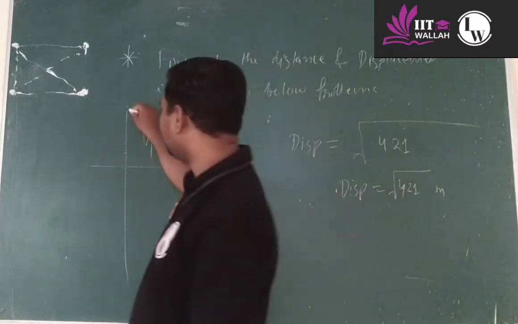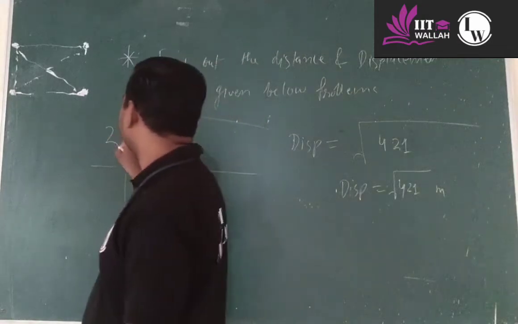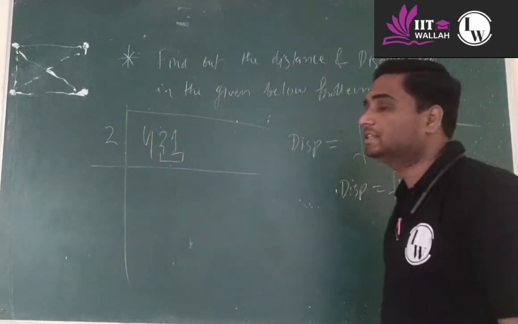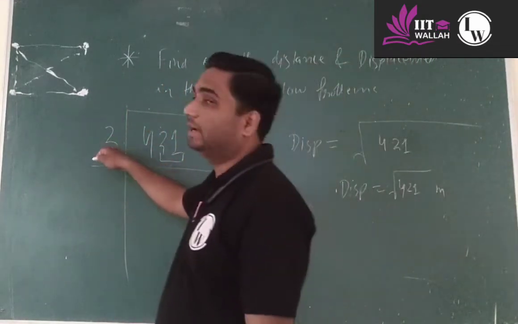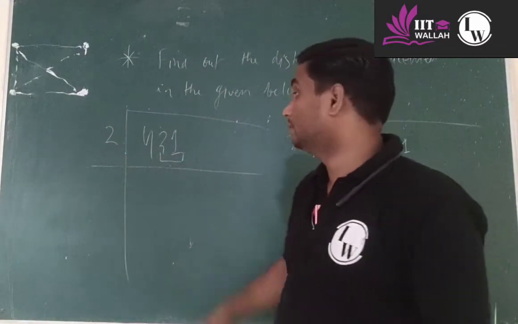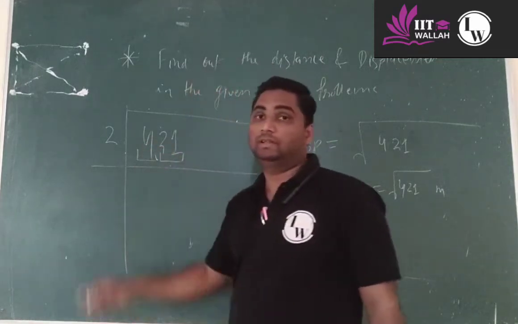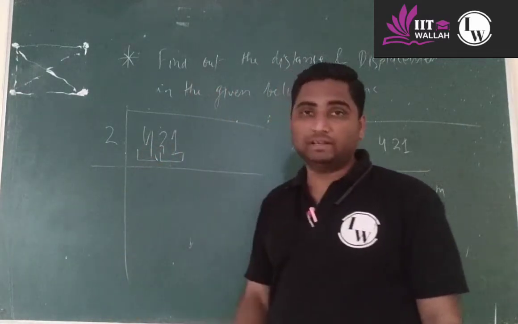Now to find the square root, take a number whose multiple with itself is equal to 4 or less than 4.